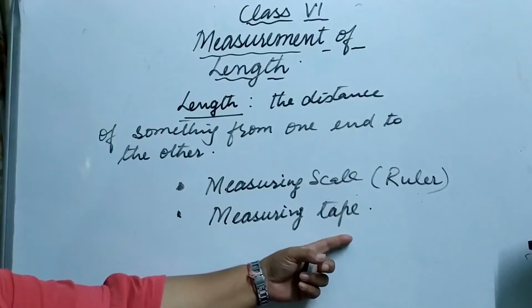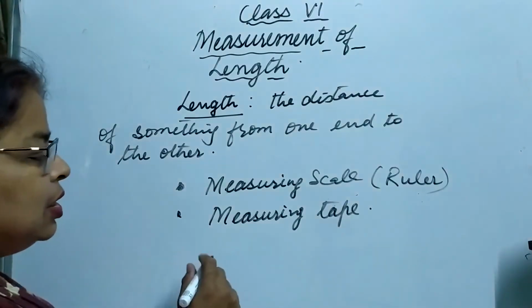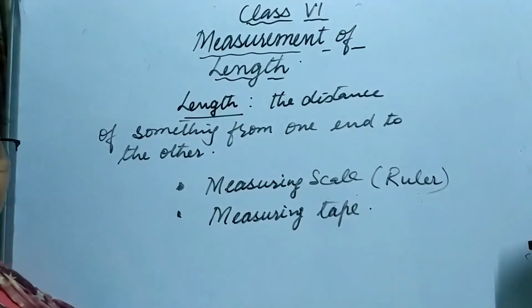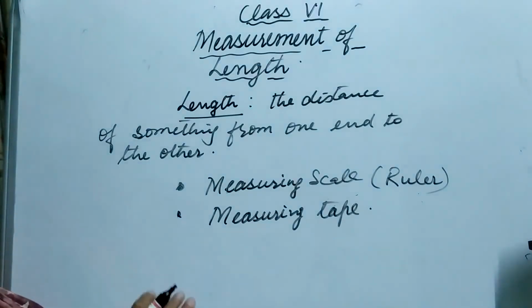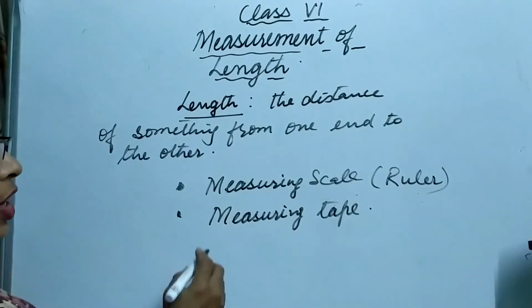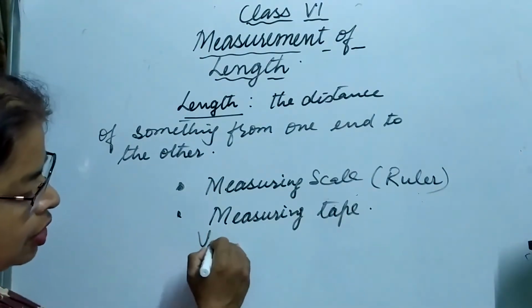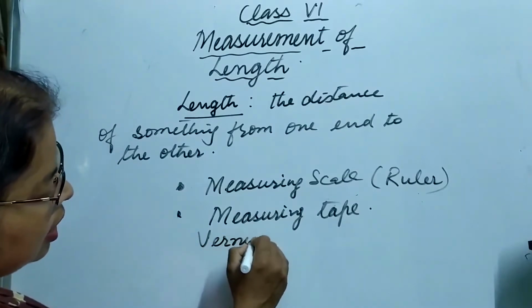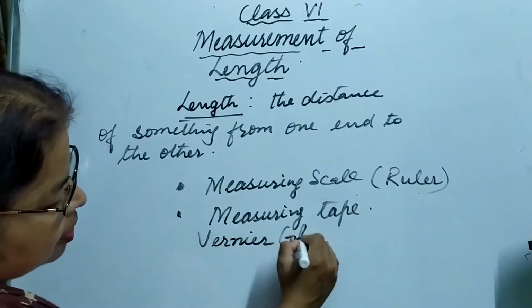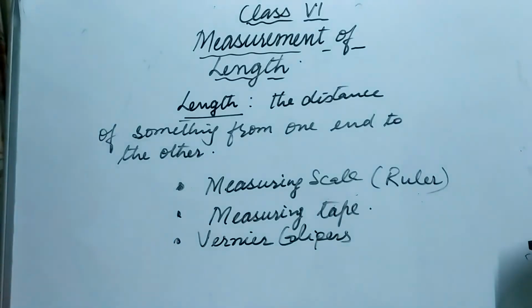Besides this, if we have to measure the length in very small quantities, so small dimensions, and to be accurate and precise, then we can use some more devices, and we call them vernier calipers, V-E-R-N-I-E-R, for more preciseness.